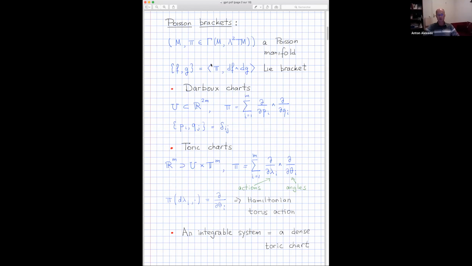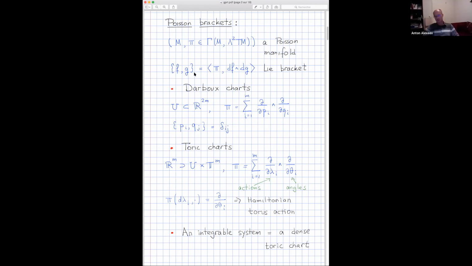We pair π, which at every point is an element of the second exterior power, with the exterior product of differentials of our functions. At each point it gives a number, so it gives a function on the manifold, and we would like this to be a Lie bracket. That's the condition.